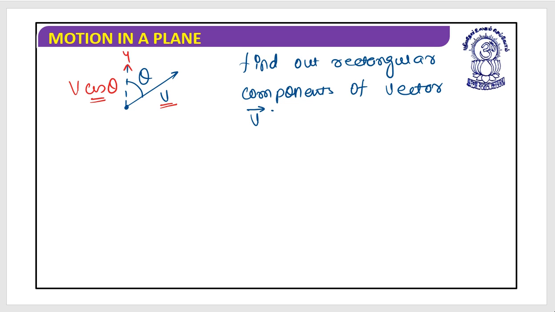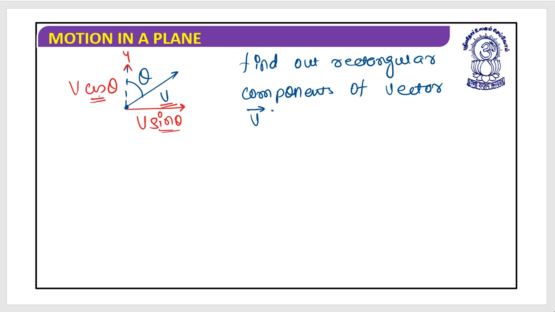So we always remember that where the angle is, it will make the cos theta component. Once you are done with the cos theta, the vector perpendicular to this component would be v sin theta.